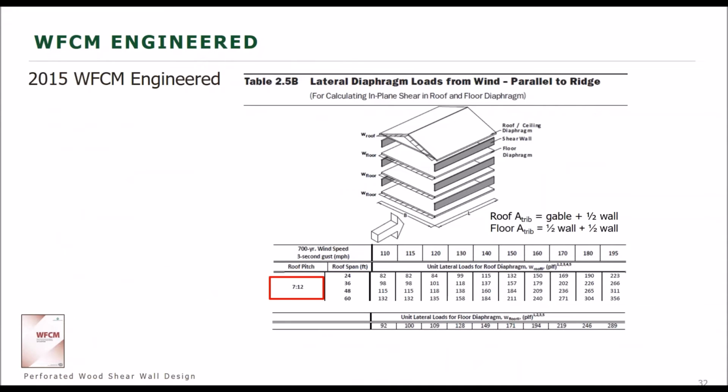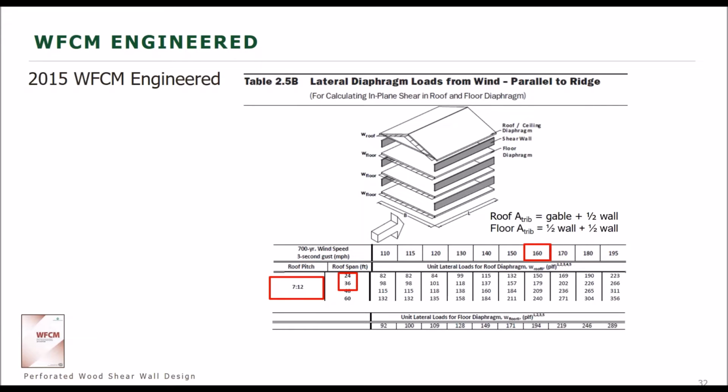Now, for the WFCM engineered approach, we start in table 2.5B, and this is where we can calculate our diaphragm loads from the wind that would be transferred into our shear walls. So again, we're in that 160 mile per hour wind gust speed, and for a 7 and 12 roof pitch, we have again a roof span of 32 feet, right?